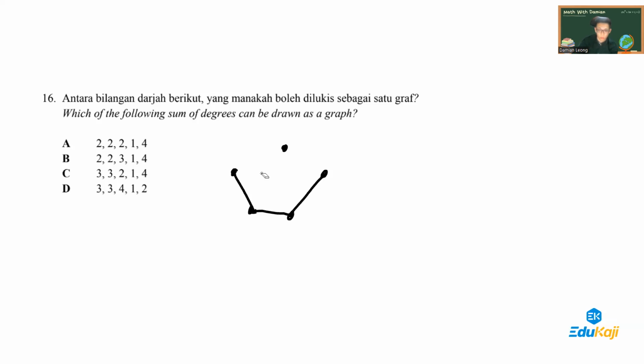So it doesn't make sense. If I do it like this, it will make it 2, 2, 1.